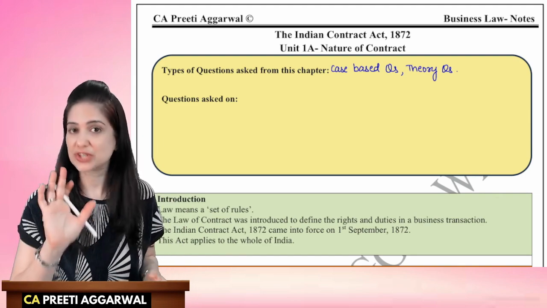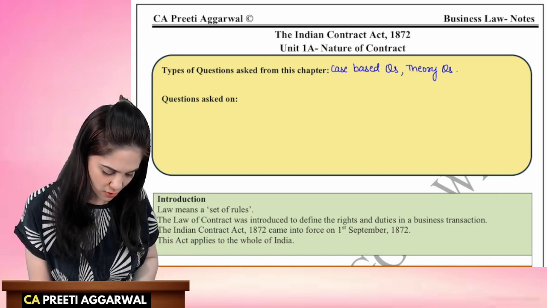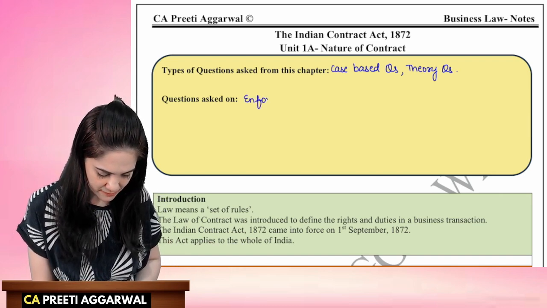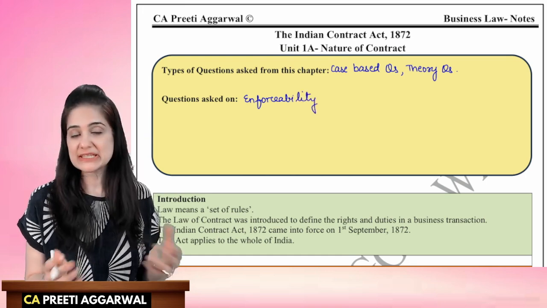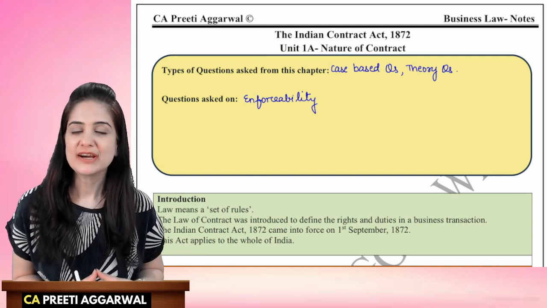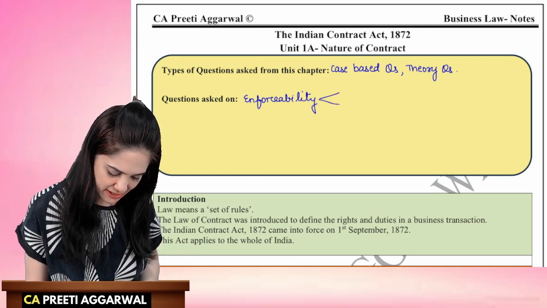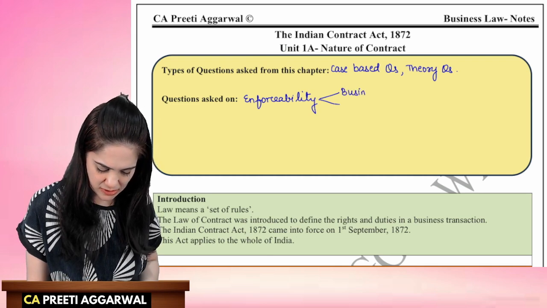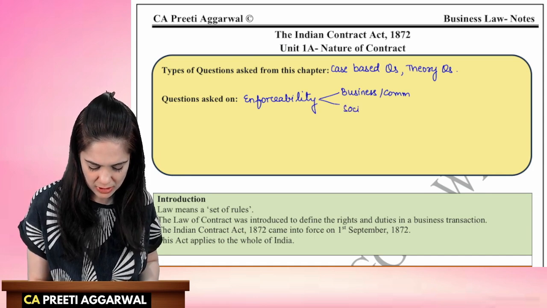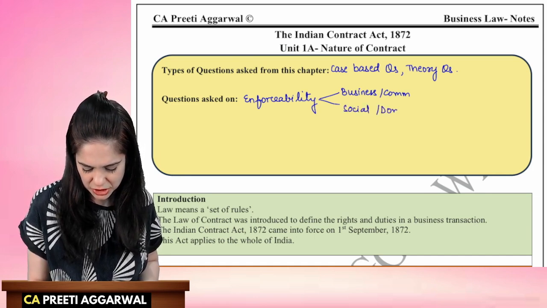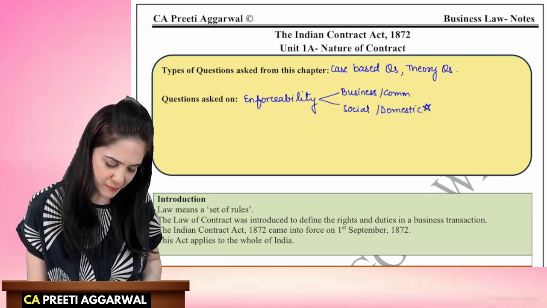Now, questions are generally asked. Okay, you take any examination. Questions are generally asked on the concept of enforceability. What is it? We will be understanding very shortly. And in that, yes, business or commercial transactions, social or domestic. So that is one classification on which questions are generally asked, basically on social or domestic agreements.